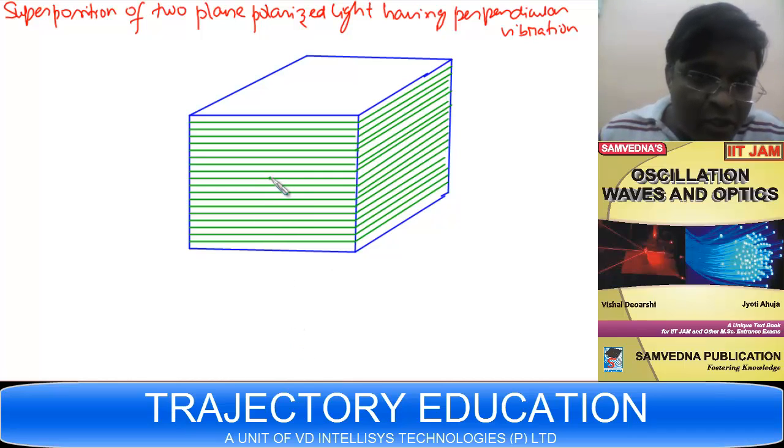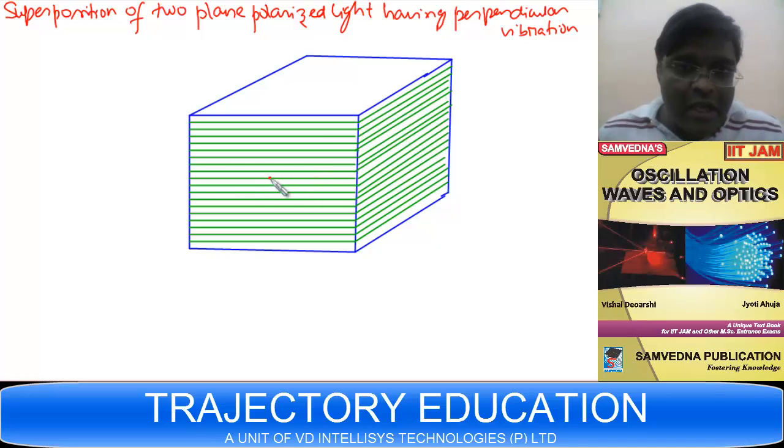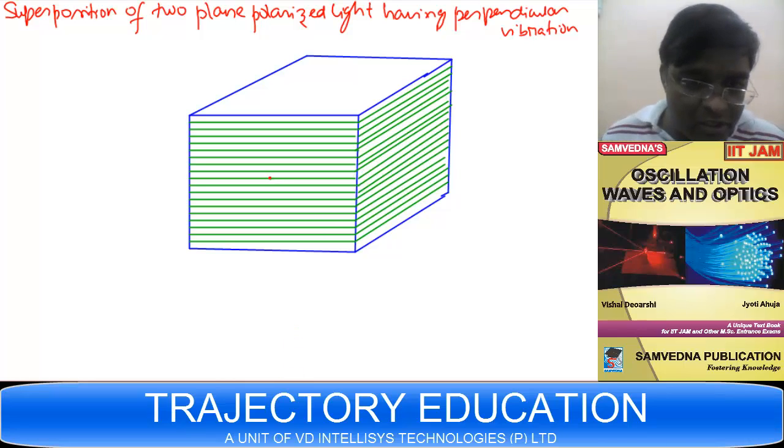Light is falling perpendicular to it. Suppose I call this axis the x-axis, and I call this the y-axis. So this is the x-axis and this is the y-axis, right?